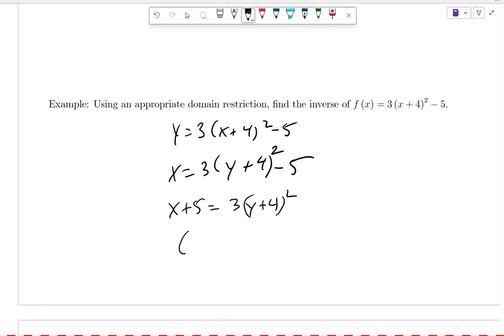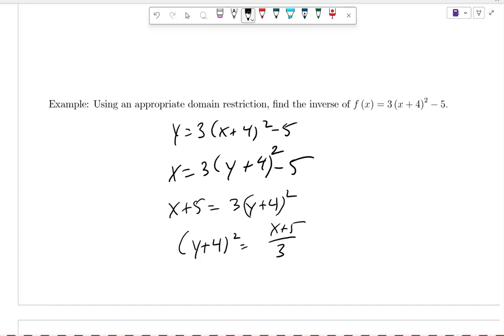Next step would be to divide by 3. Again, no issues, right? So far, so good? Okay. What would be the next step? Take the root. That's where the issue is going to pop up for the first time, right?